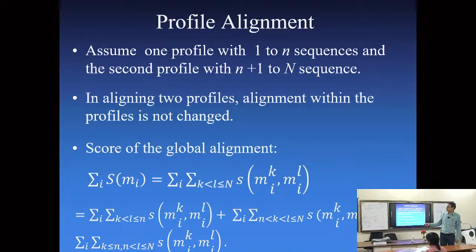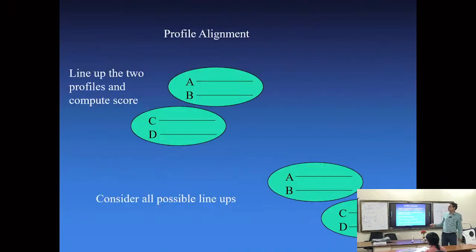Because this is constant, this is constant, this is what is changing. You want to maximize this. Which lineup of the two clusters of aligned sequences yields you the maximum value of this third term, the cross term? Okay. So this is what results in profile alignment.